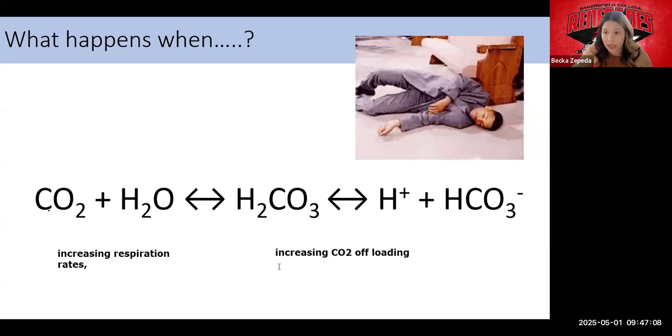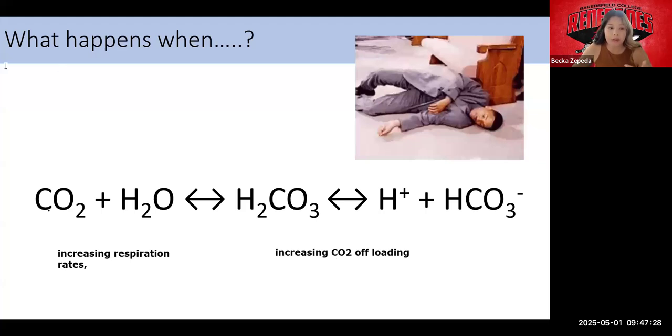Okay, so when someone hyperventilates, to know what hyperventilation is, and I think we talked about this with the respiratory system, with hyperventilation, you're breathing out much more than you're breathing in. And so you're getting rid of a lot of CO2.